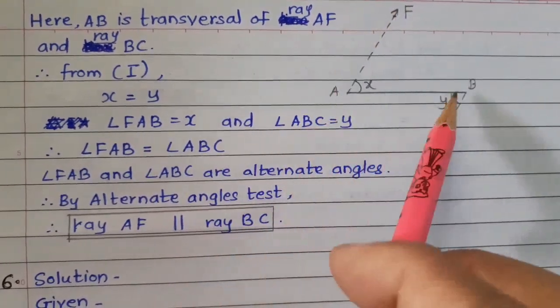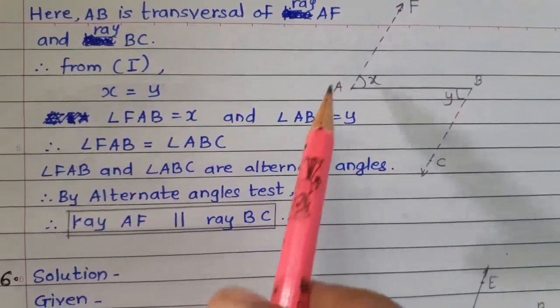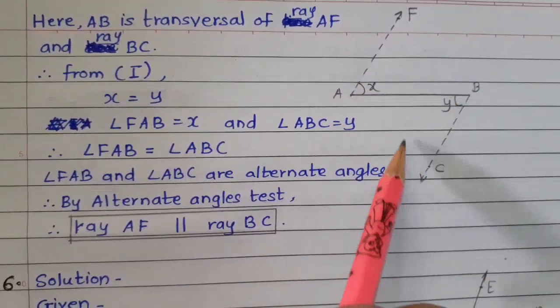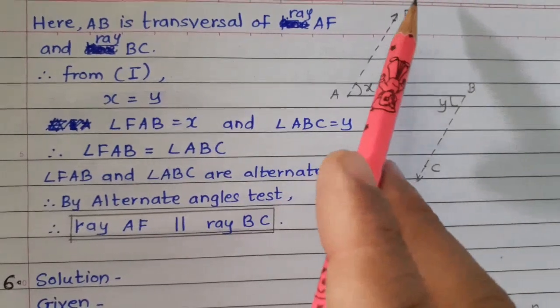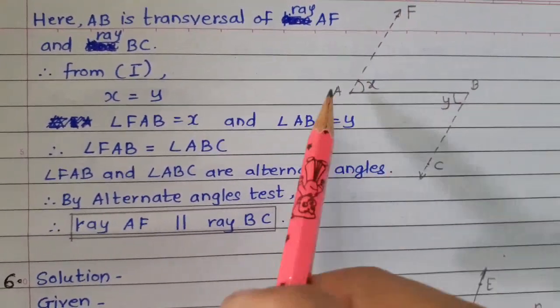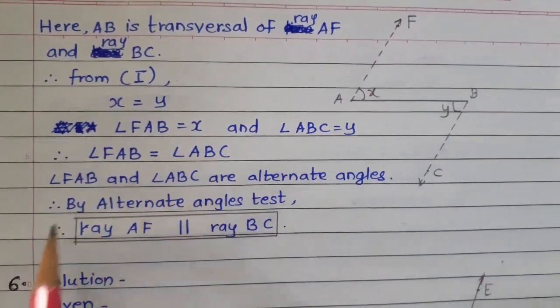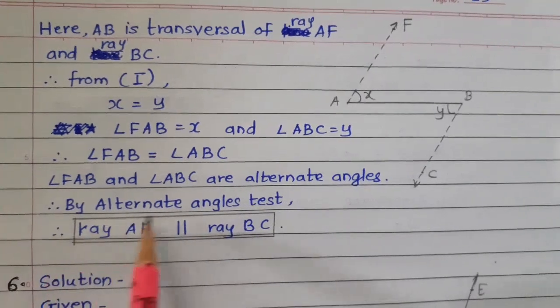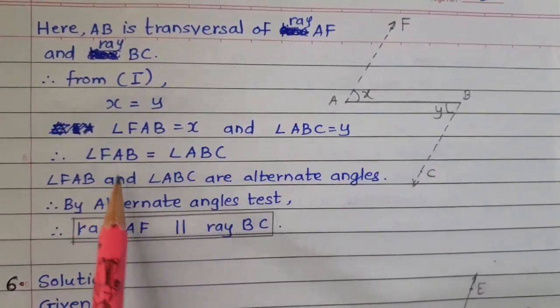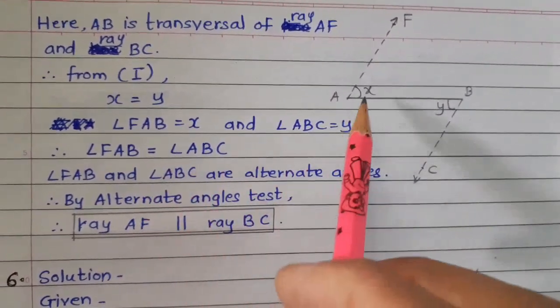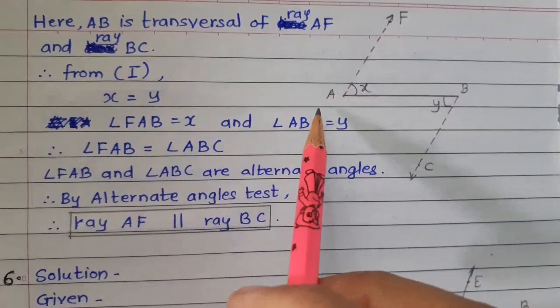Now angle FAB and angle ABC are alternate angles. Then by the alternate angle test, if alternate angles are equal, then the given two lines are parallel.